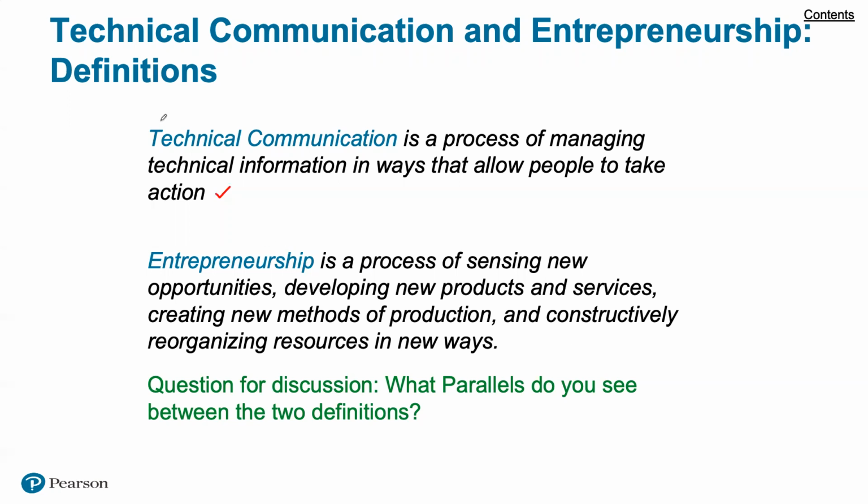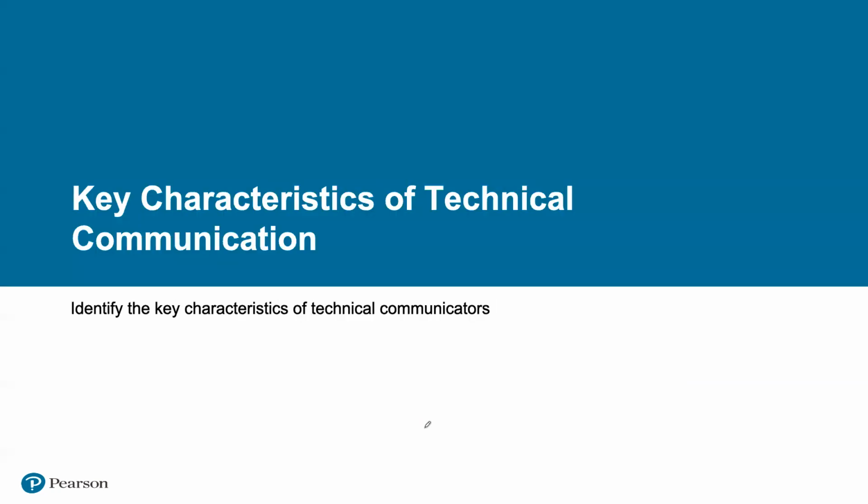And so you can see how they have a slightly different focus. You can be thinking about this as a question of what parallels you see between these two definitions. There is an overlap between these, and that's something you would like to identify.